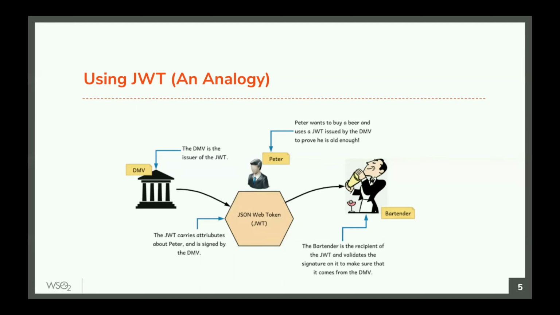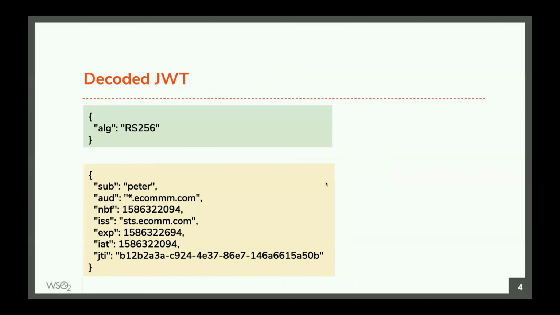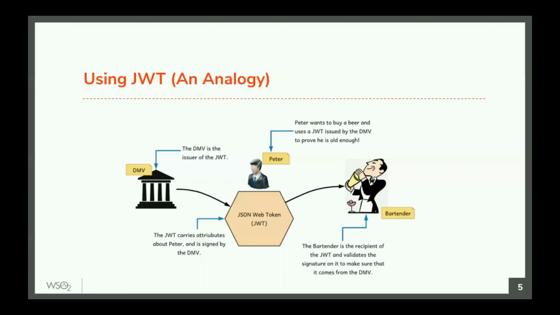Once again, we talked about the audience element, right? Here the bartender is the audience of the JWT. So the JWT that you get from DMV should have a value known to the bartender. Whenever you get the JWT at the recipient side, you first need to check whether this is a JWT issued to me, right? If it is not, you should simply reject it.